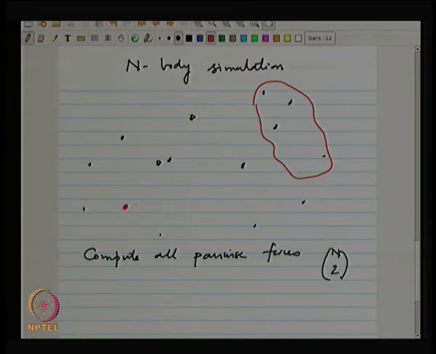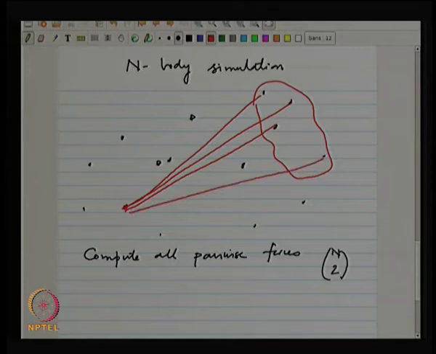I could compute the pairwise interactions between this and all these particles, but because they are a very large distance away, let us say the minimum distance from this to this set is some distance d, and all this cluster is within, let us say, d over 100 or some such thing. So, what I am saying is, the diameter of this cluster is much smaller than the distance from this point. Right. So, what would you do in such a situation?